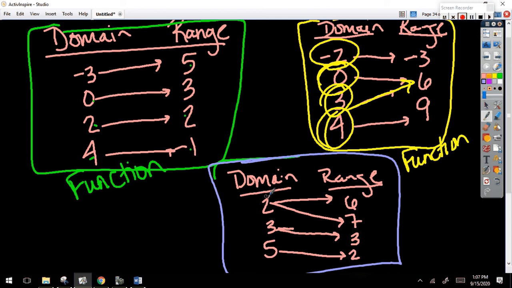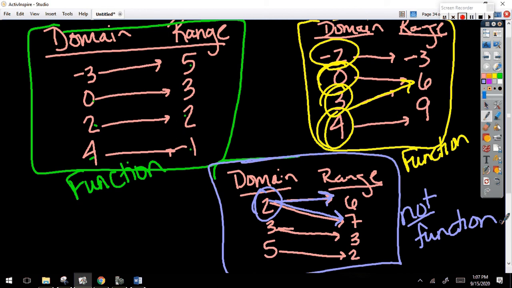Look at the number 2. That's your X, right? How many Y's go with that? 2. You see those arrows? You see how it's got 2 arrows? It's going here and going here? Not a function. All right, that's mapping. Okay?